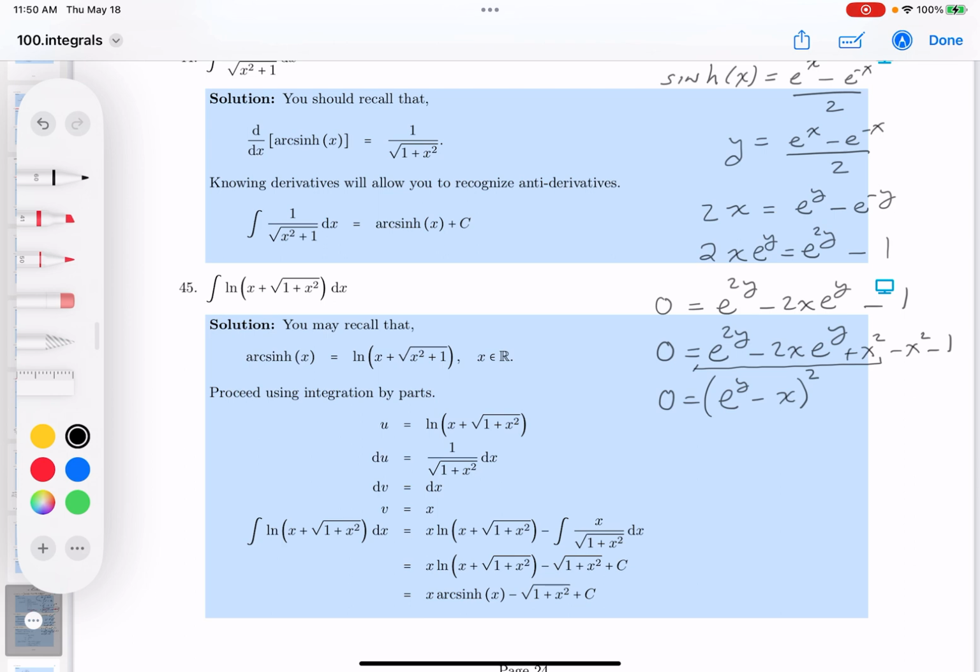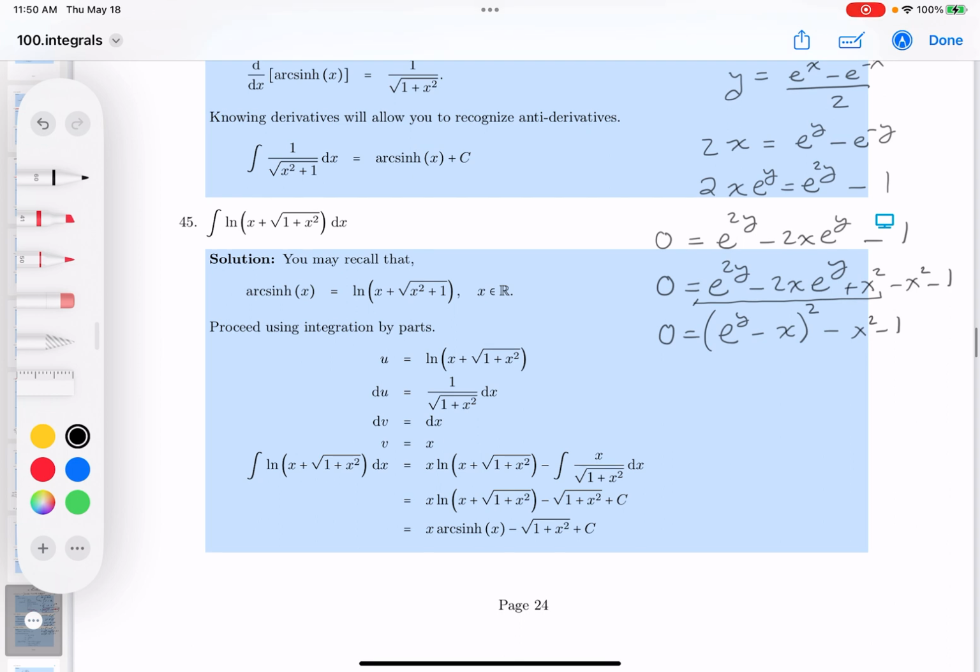If I square, you get e to the 2y, you get minus 2x e to the y, and you get x squared. Then I can write this as minus x squared minus 1. I use the square root rule. e to the y minus x squared would equal x squared plus 1.